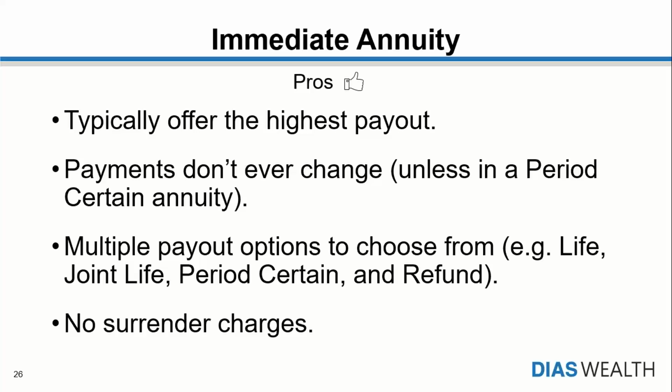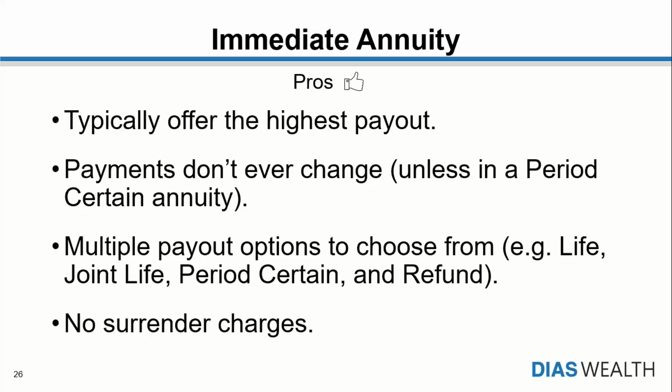I break down all annuities into pros and cons. The pros typically offer the highest payout, although I'll give you a recent scenario. For the last 6 months, if not longer, there are a lot of immediate annuities out there whose payments are not even as high as other types of annuities with income riders, and you're locking yourself in.